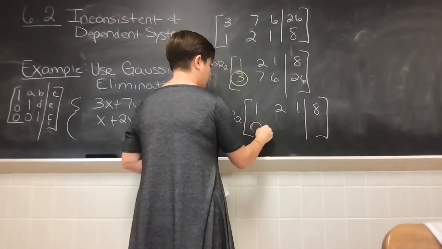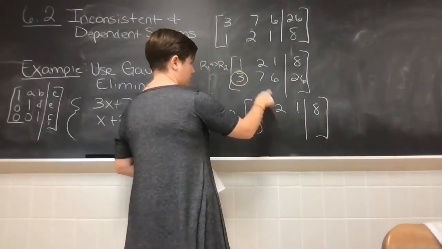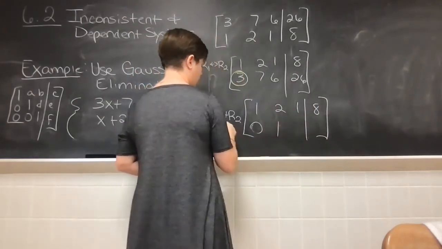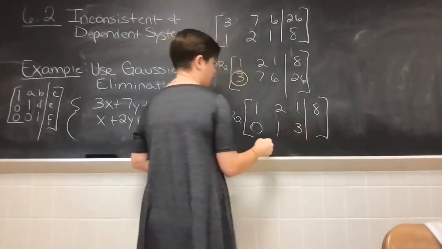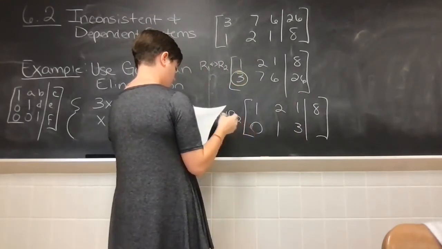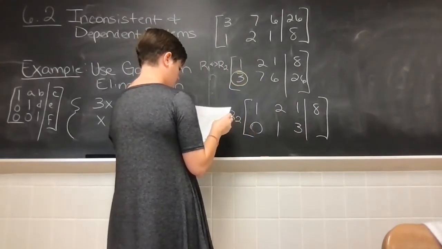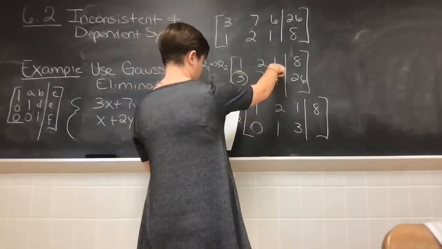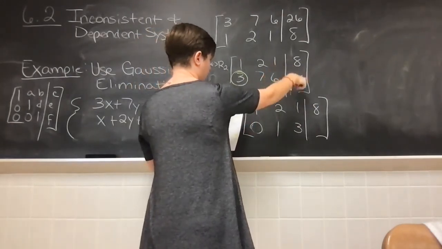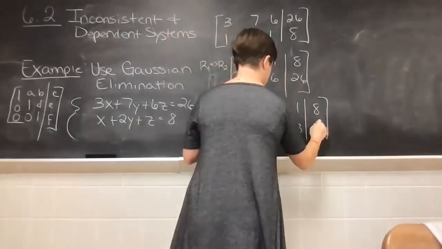That goes to 0. -6 plus 7 is 1. -3, 3, and then -3 or -24 plus 26 will give me 2.